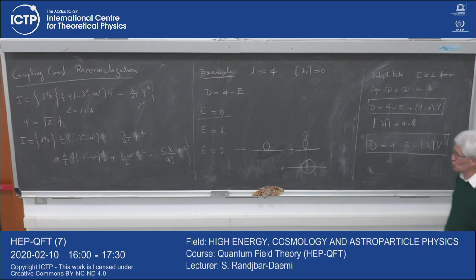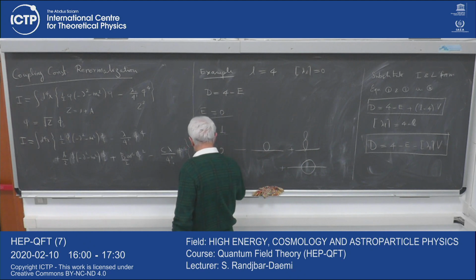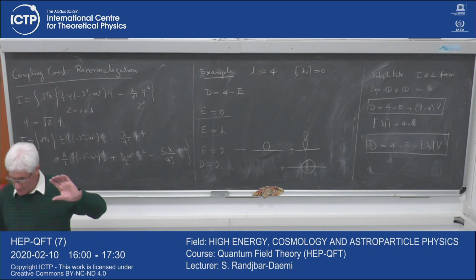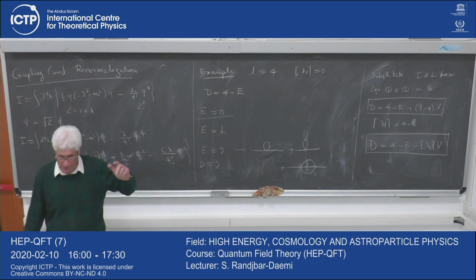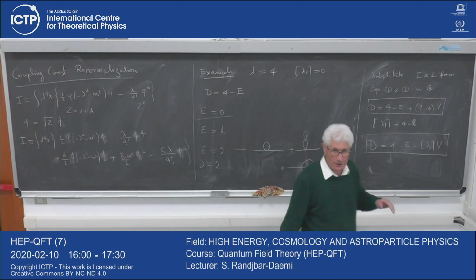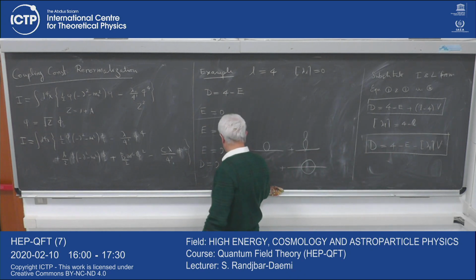It has E equals to 2, and therefore D equals to 2. If you introduce a cutoff, the number of the momentum integrations in the numerator minus the ones in the denominator is 2. That means that it should go like cutoff squared. So for that reason, these are called quadratically divergent.